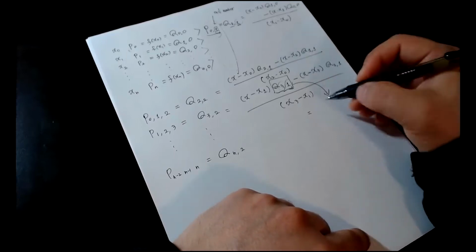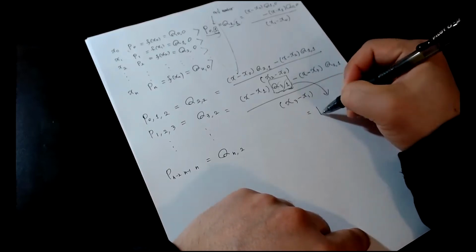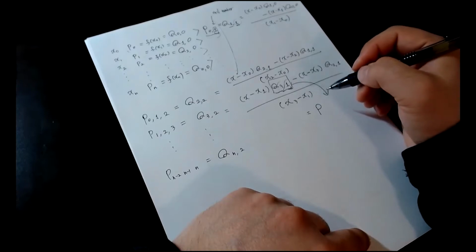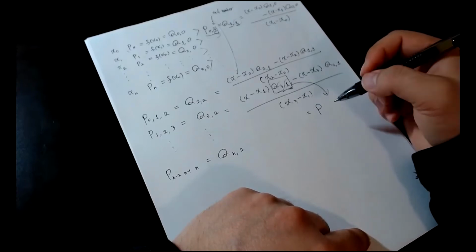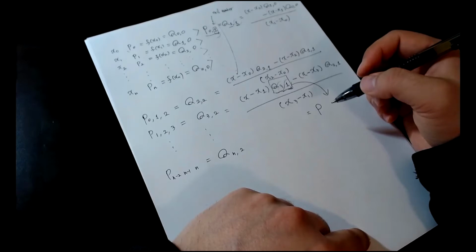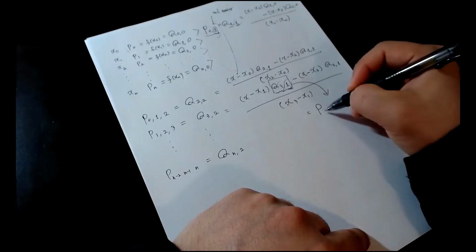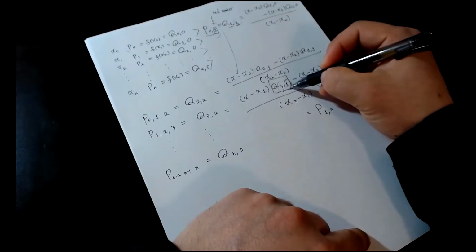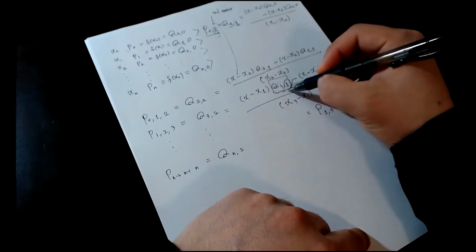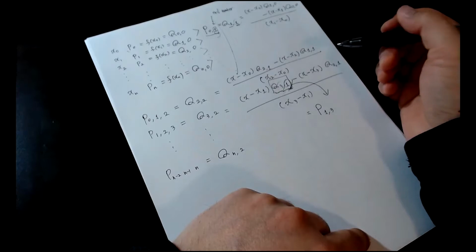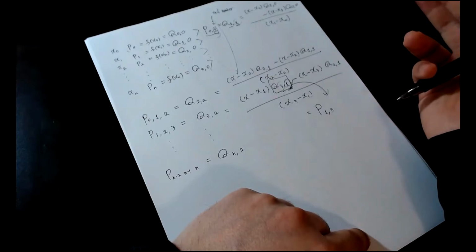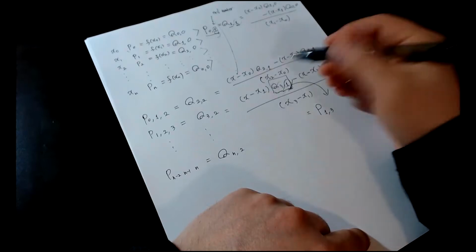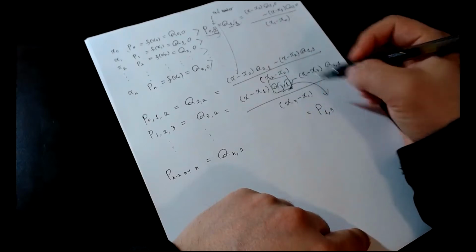So this is equal to P1,3, right? Degree 1 means that this interpolates the two nodes, right? And the 3 is the last index, 3.